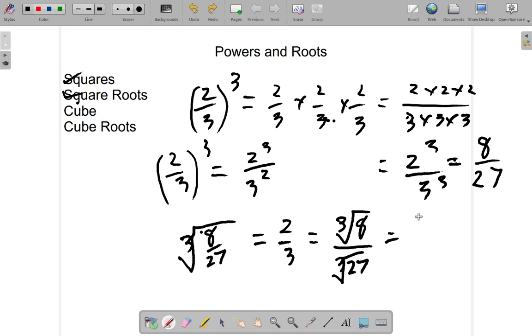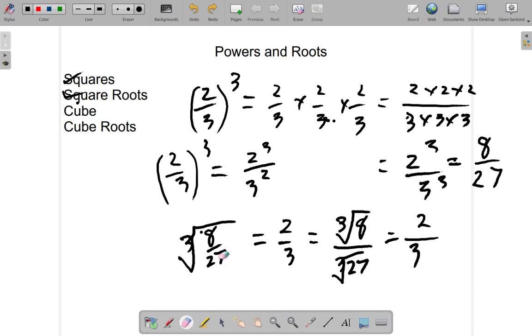So the cube root of 8 is 2, just like this 2, and the cube root of 27 is 3. So you can also separate the fractions and find the roots like this.